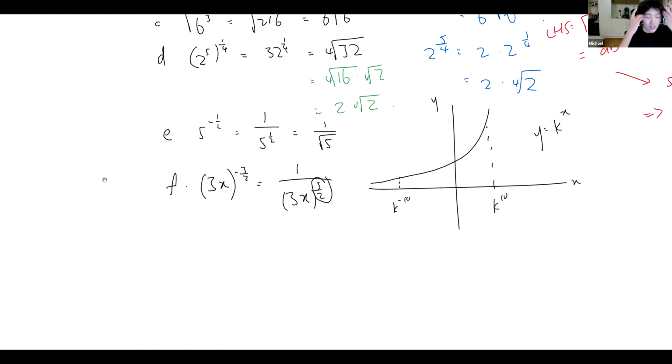So you do everything on the bottom instead of on the top. You break up the power: this is 3x to the power of 3, and then to the power of a half. I know that looks disgusting, but it is what it is. Then you get 1 over square root of 3x to the power of 3. In that case, it's 27x cubed.